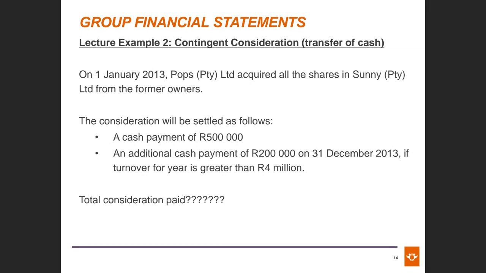So it's obvious that this additional cash payment of 200,000 is our contingent consideration, because it is based on some events in the future. In a situation like this, we need to ask ourselves, what is the probability of turnover being 4 million for the year? What is the percentage probability? This will help us determine the fair value of the contingent consideration.